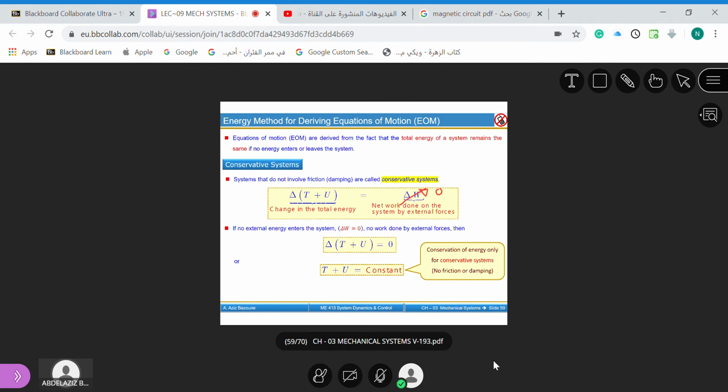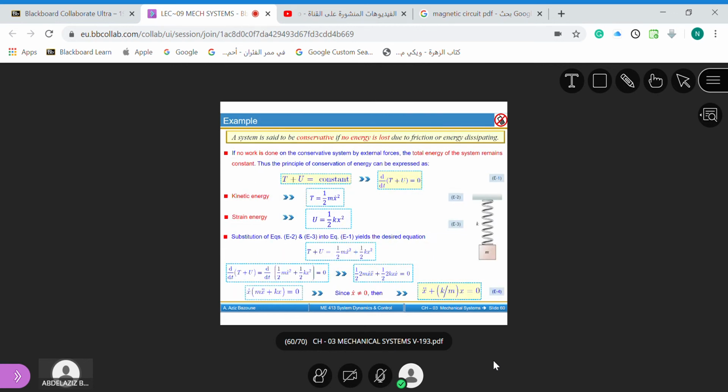The kinetic energy plus the potential energy at any time is equal to a constant. So the rate of change, d over dt of T plus U, equals 0, and this is called the conservation of energy. Conservation of energy says that the rate of change is equal to 0 and T plus U is always constant.